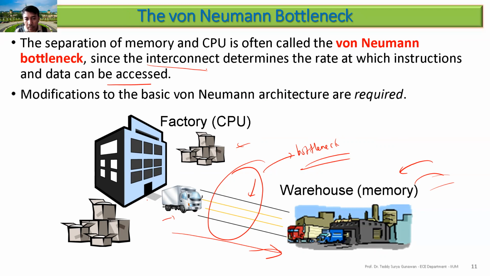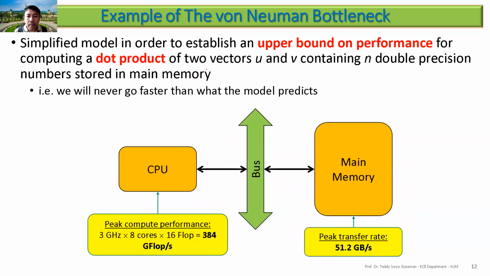So let's see an example of the von Neumann bottleneck.